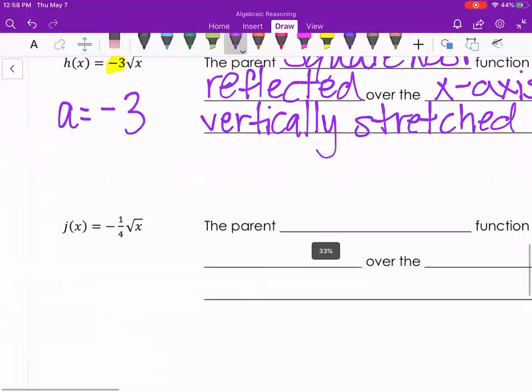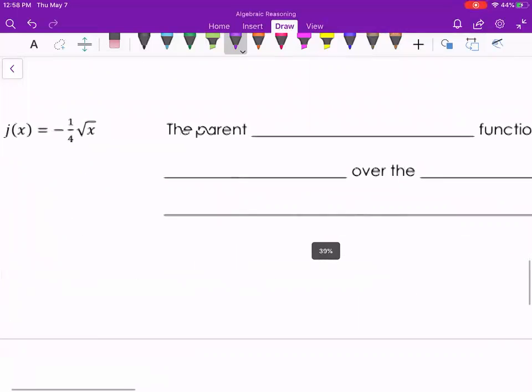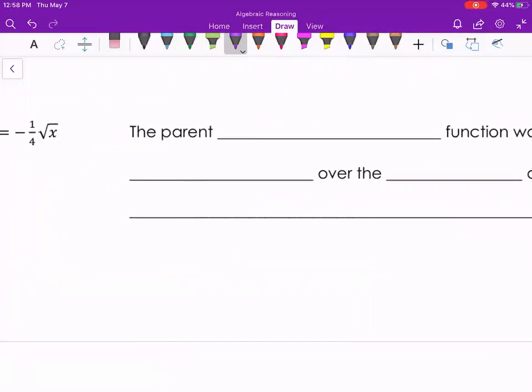All right, last one. j of x is equal to -1/4 square root x. So there we go, this is a square root. Let's get our A value, the number in front of that square root.